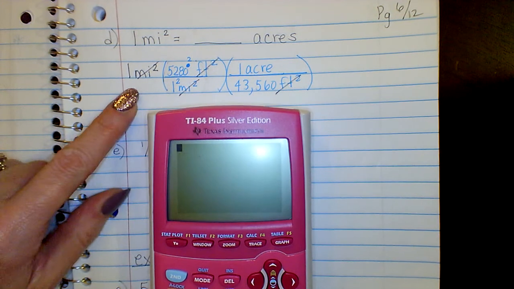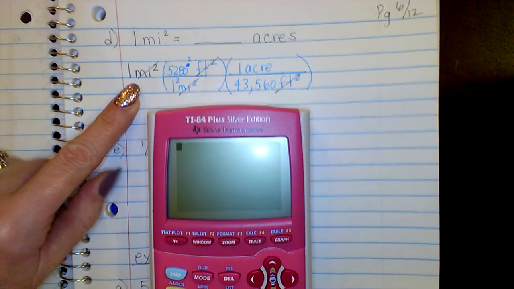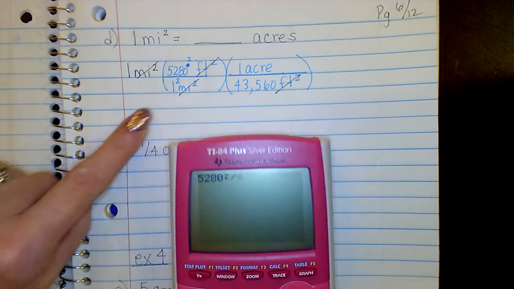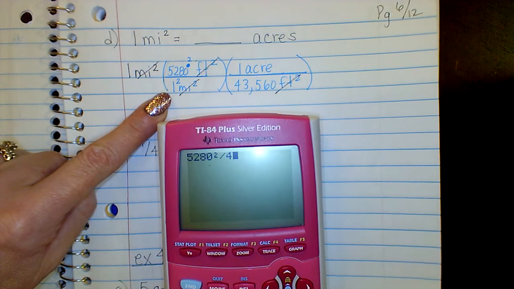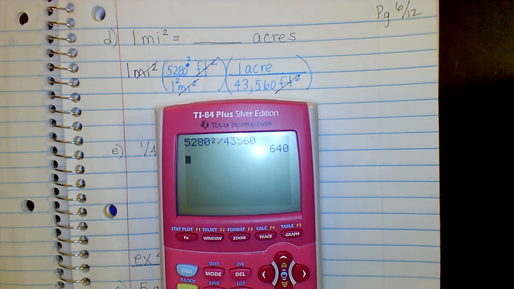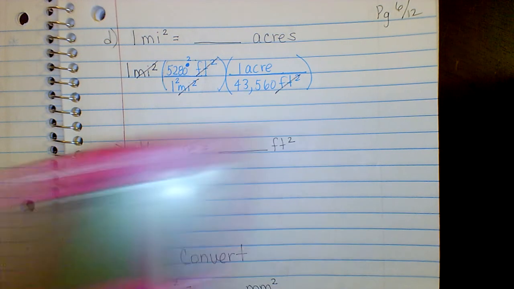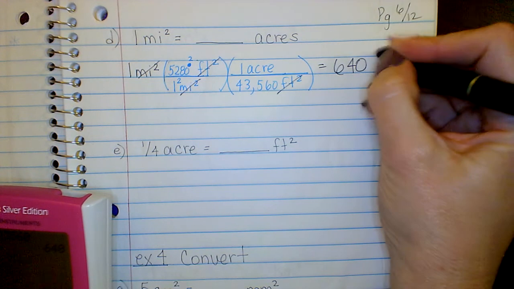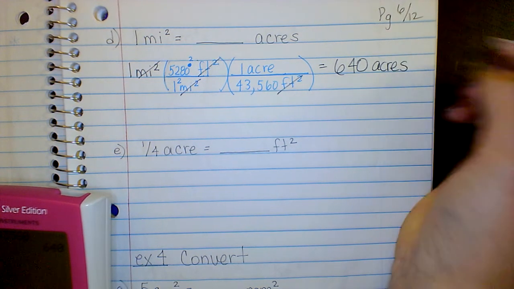And I'm going to, let's see, so we got 1 times 5280 squared times 1 divided by 43,560. Oh, that's a pretty nice number. I did not expect something quite that nice. But we get 640 acres.